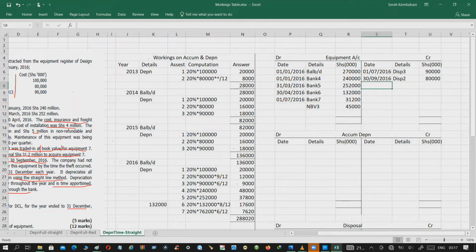So we need to know our balance carried down at the end of that financial year. Sorry, it's balance carried down, not brought down. So we have 970,200.